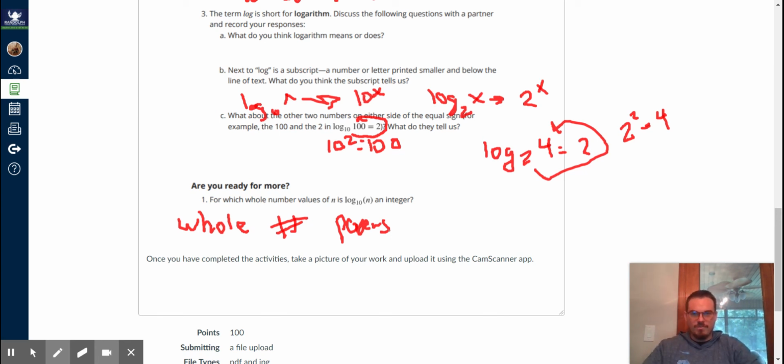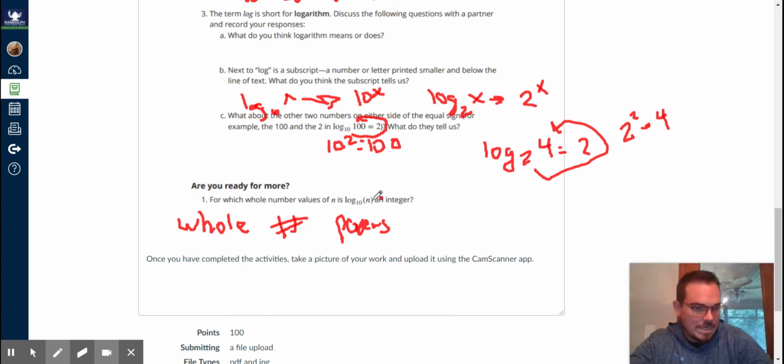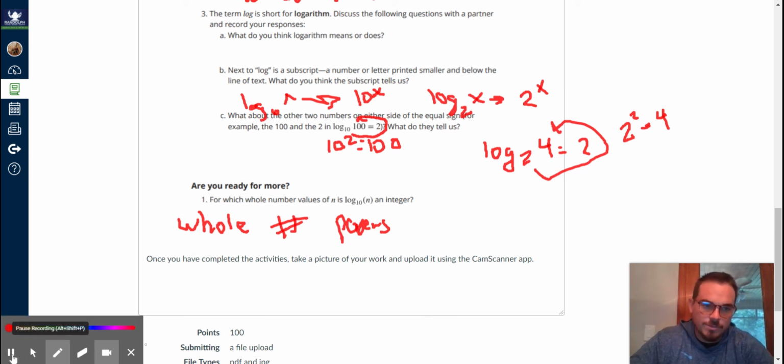So which whole number values of n give an integer? Well, basically, these have to be whole number powers of 10. So if n is 10, we get a whole number. If n is 100, we get a whole number. So they have to be multiples of 10 in order to get an integer or a whole number out. Integer just means that it's got to be a whole number. So any multiple of 10 would be the answer for Are You Ready for More? Multiples of 10. Write that down.